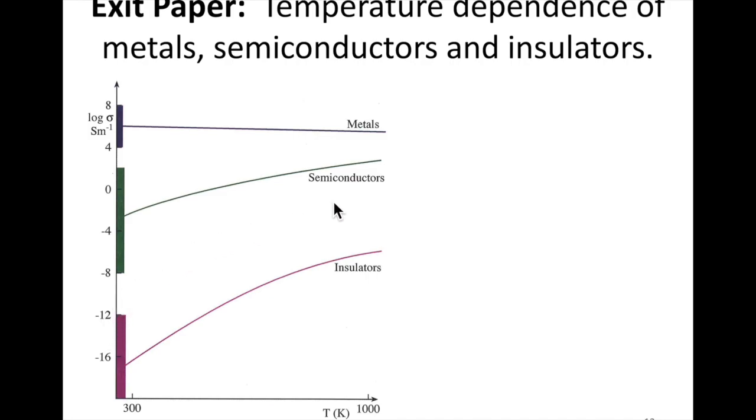So we just talked about semiconductors, and we mentioned that the mobility decreases with increasing temperature. But also for intrinsic semiconductors, with increasing temperature, we also have more charge carriers, right?